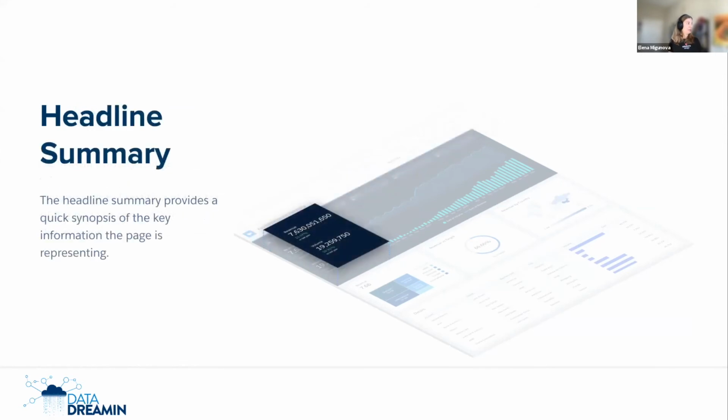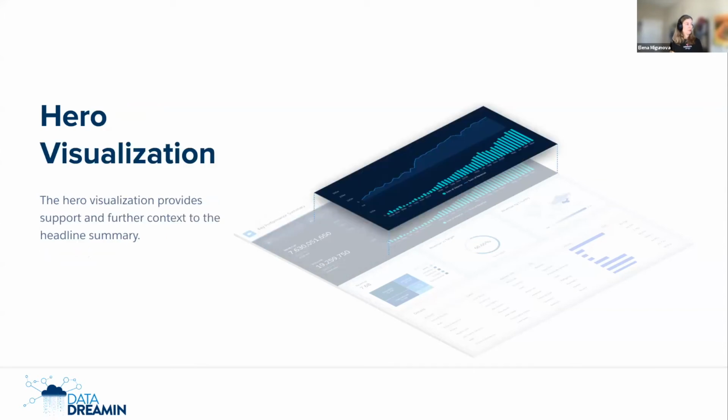Now here we see the headline summary. So it's really a quick overview of the most important KPIs that the user needs to be looking at in this dashboard, followed by the hero visualization that provides more details to those most important KPIs that I just showed.